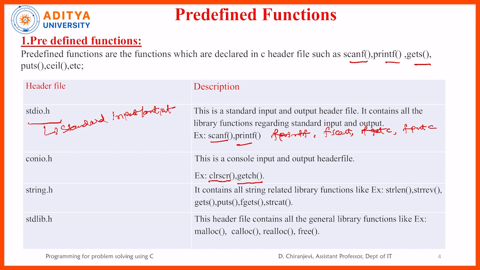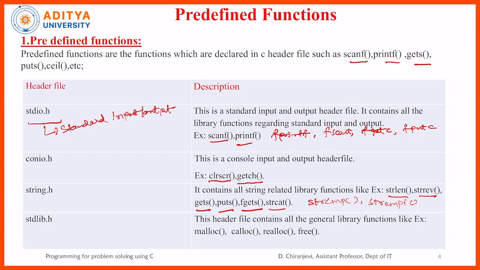Then #include <string.h>. Its predefined functions are like strlen, strrev, gets, puts, fgets, then strcat for string concatenation, and then compare functions like strcmp and strcmpi. These are some of the predefined functions available in string.h.